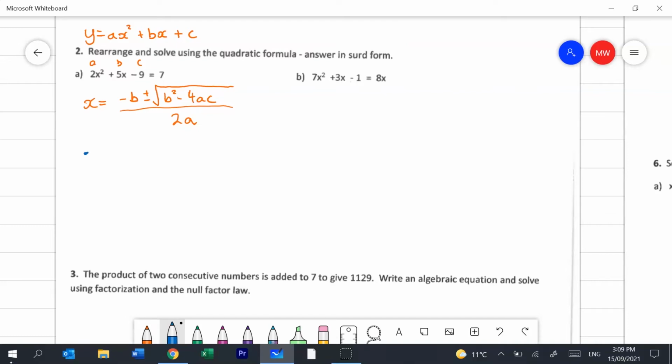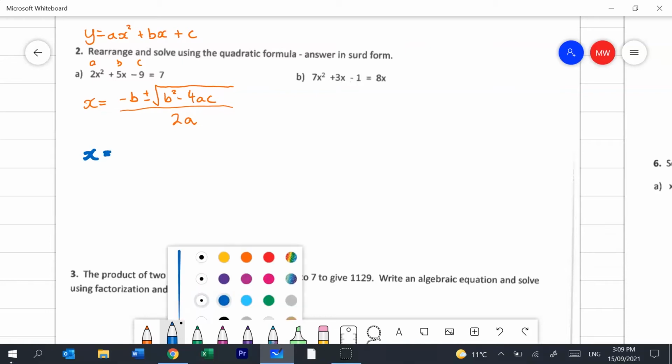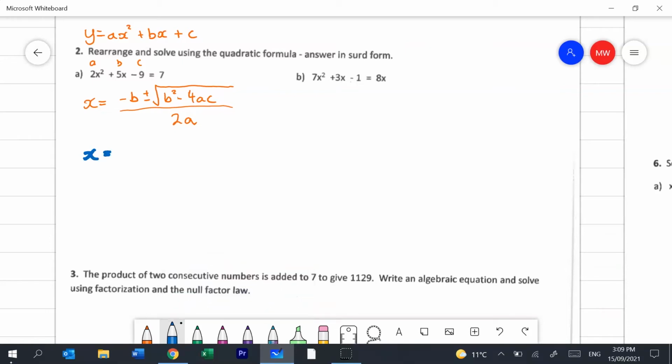So we've got x equals minus 5 plus or minus the square root of 5 squared minus, put this in brackets so we don't get confused, 4 times a, which is 2, times c, which is minus 9, all over 2 times a, which is 2.